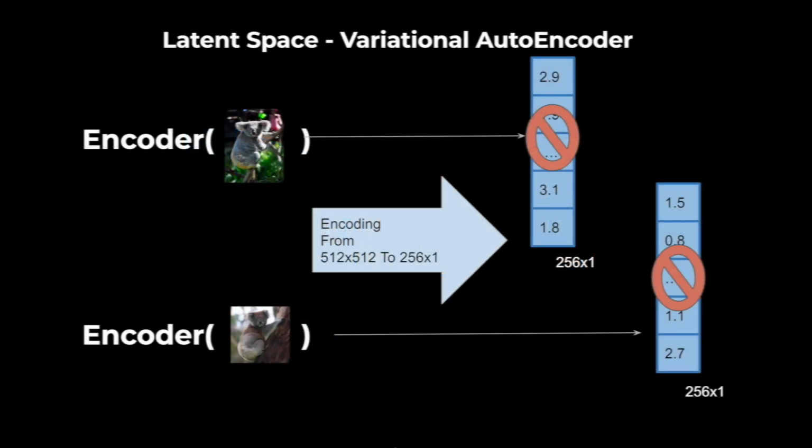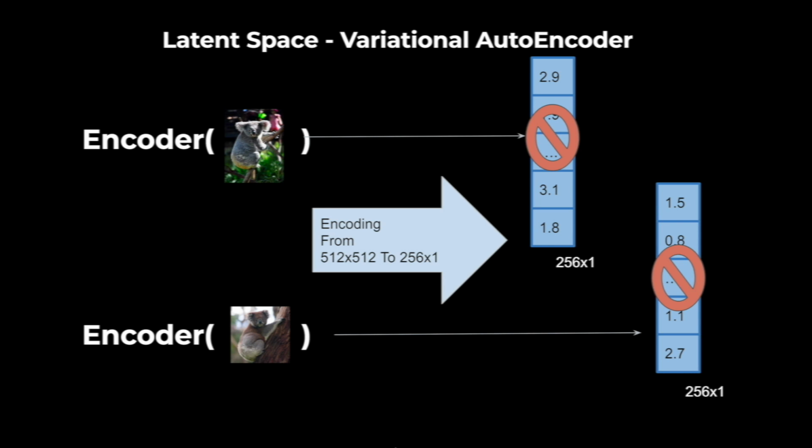If you remember the autoencoder example we covered earlier, the first problem was that the encoded latent values in the latent space for each input image had its own range.